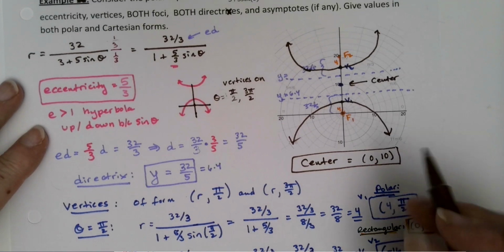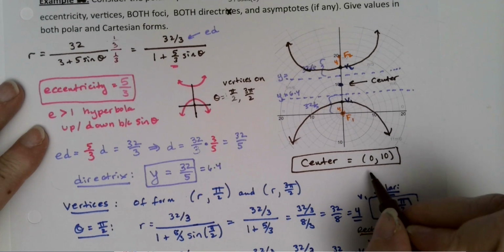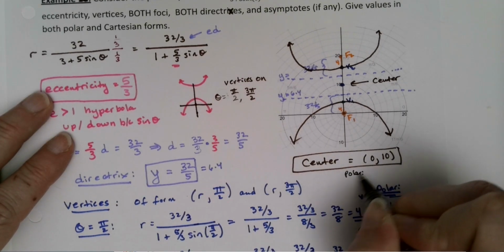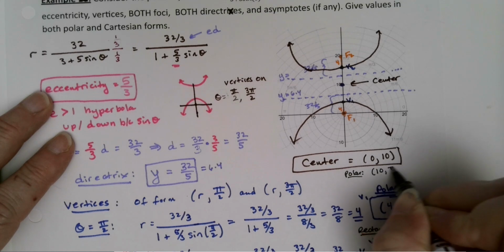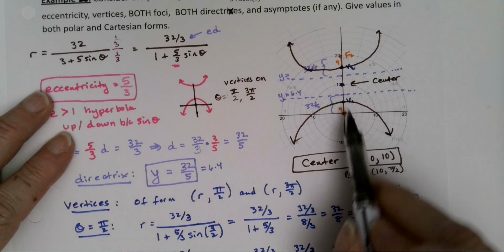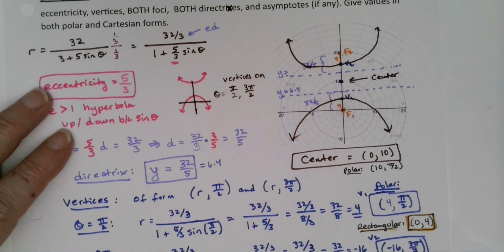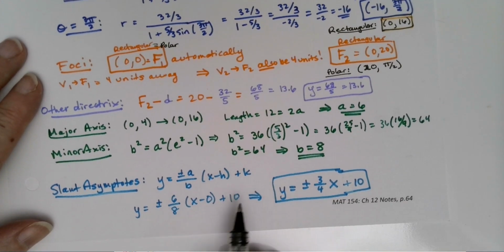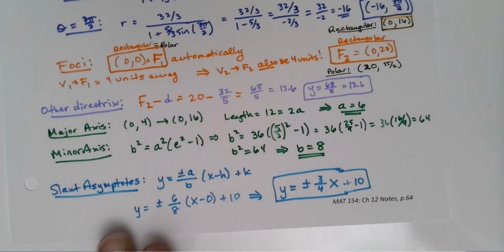If you want that in polar form, it'd be 10 comma pi over 2, because you're on the pi over 2 axis and you're up 10. All right, so that's why this is plus 10 down here. Our h is 0, but our k is 10.